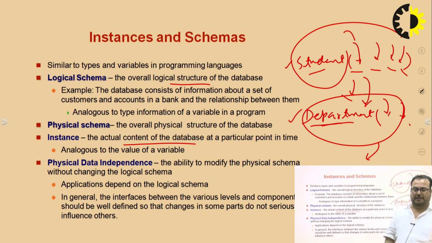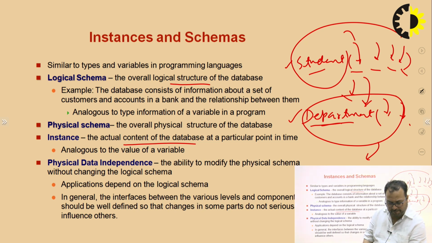Like suppose all these things are here as physical storage, if a mobile is here and you replace it, if you rearrange the storage structure, that doesn't affect the view level, the user level.